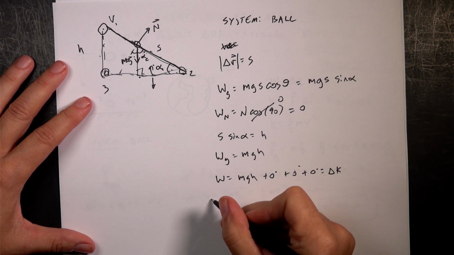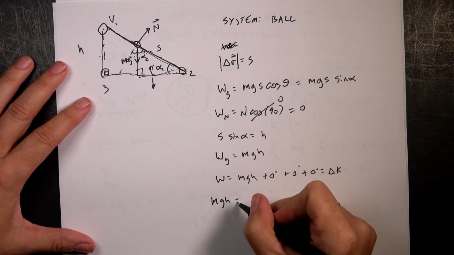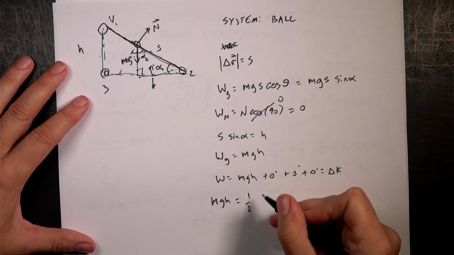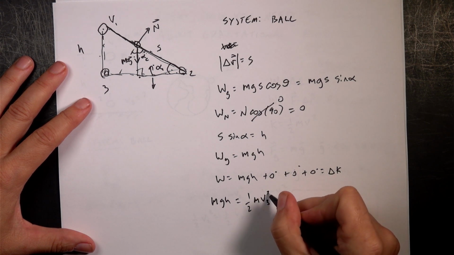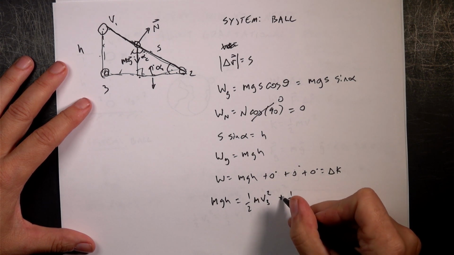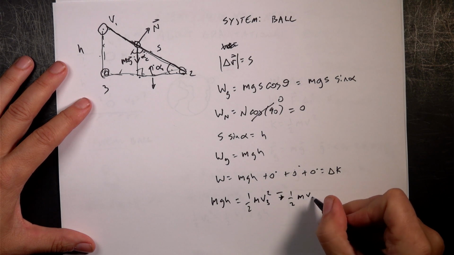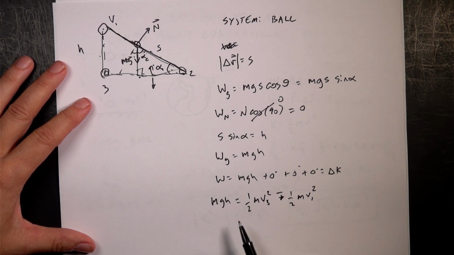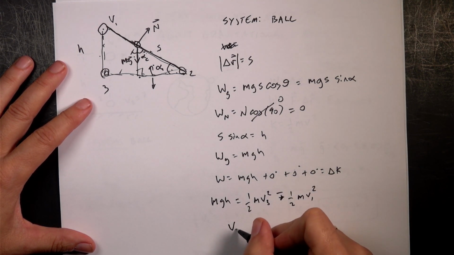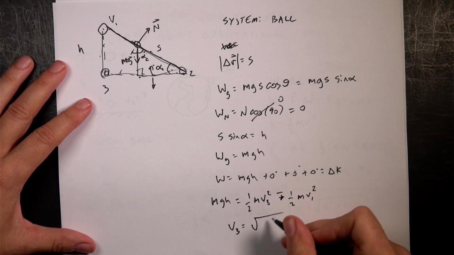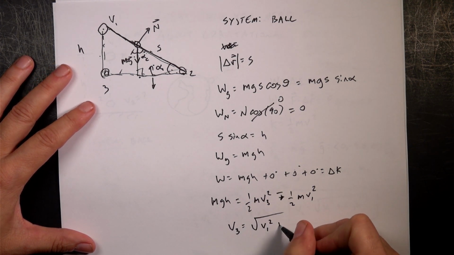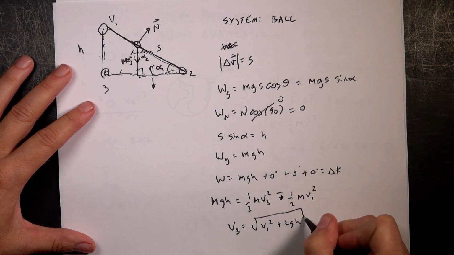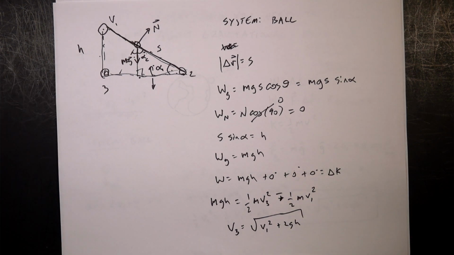So I have mgh equals K3, 1/2 mv3 squared minus 1/2 mv1 squared. And you can see we're in the exact same position we were before, such that v3 is going to be the square root of v1 squared plus 2gh, the same speed.